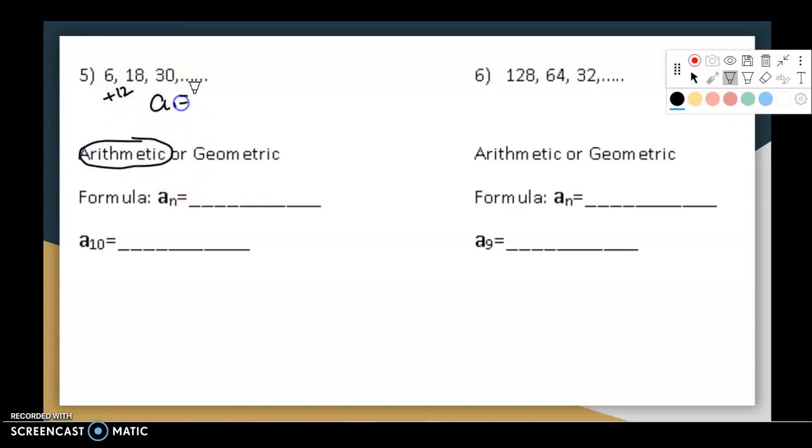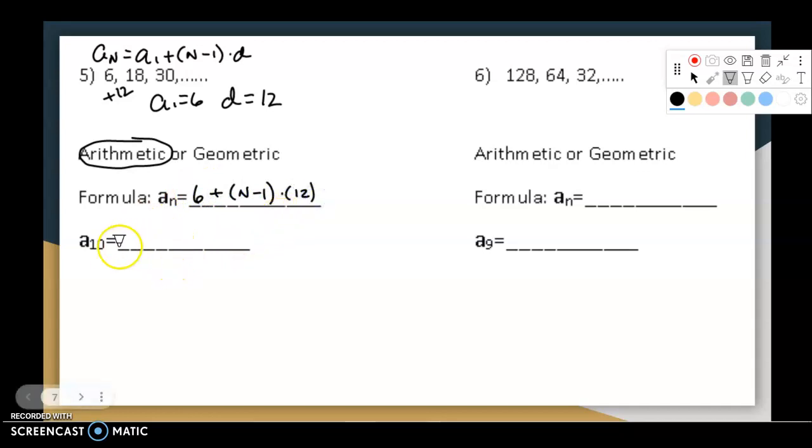So A1 will be 6. D will be 12. Remember, it's arithmetic, so it has a common difference. The formula for an arithmetic sequence is AN equals A1 plus n minus 1 times D. So my formula here is going to be AN equals 6 plus n minus 1 times 12.